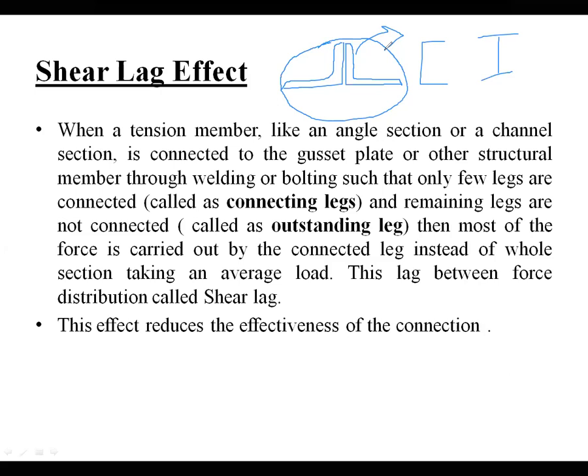In that situation, whatever sections are available, we join them together and form a single or unit section, known as a built-up section. That built-up section might be two angles connected to each other, two channel sections connected to each other, two I sections connected to each other, or plates connected on the I section. Different built-up sections are made according to the requirement.